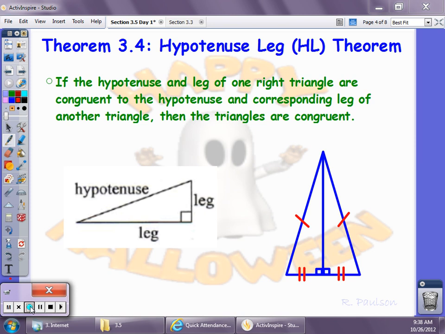The reason that the HL theorem works is if you use what you know from previous sections, we could mark that the segment that they share is congruent to itself based on reflexive. So as you can tell, the hypotenuse-leg theorem is somewhat of a spin-off of the side-angle-side postulate.